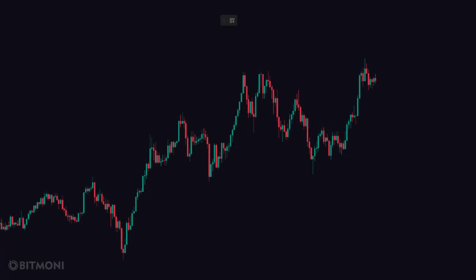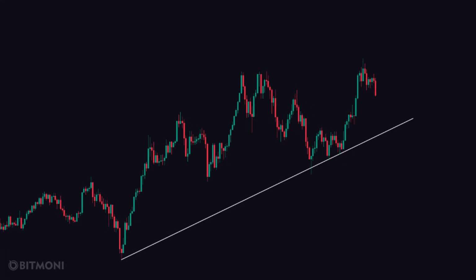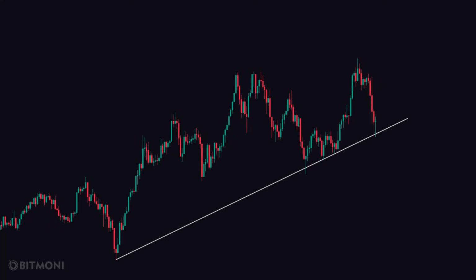Now in this chart, we can clearly see that the market trend is bullish with obvious swing lows. So we draw our trend line connecting them. Next step is to wait for either a bounce or break of the trend line. Now as price approaches the trend line again, you pay attention to the candle's behavior. Now notice that upon touching the trend line, price printed this bullish hammer, signaling a possible reversal from this point.